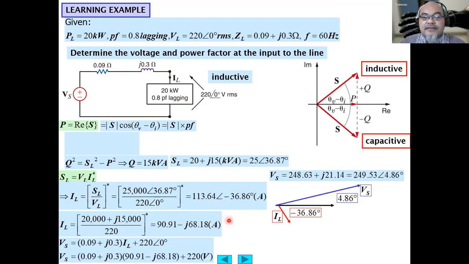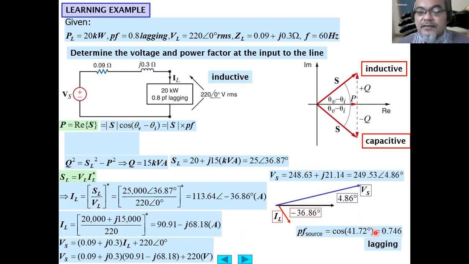And IL is 113.64 with a phase angle of negative 36.86, and the power factor will be cosine of theta V minus theta I. So cosine of 4.86 minus negative 36.86, or cosine 41.72 degree, equals 0.746 lagging. So it means that the current lags the voltage.